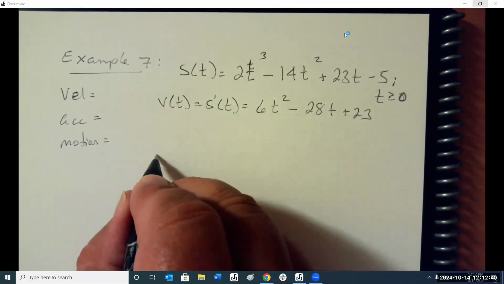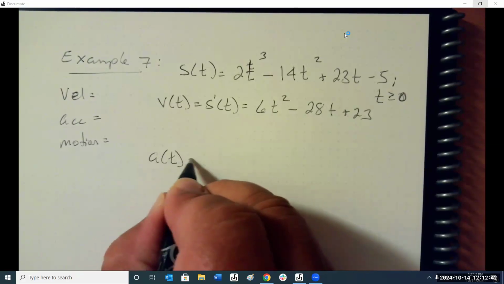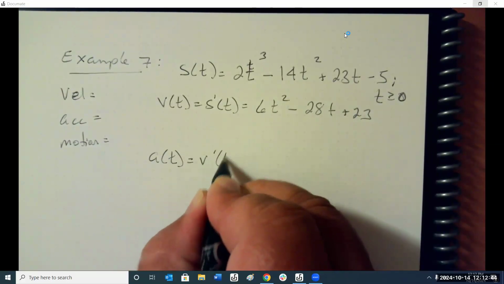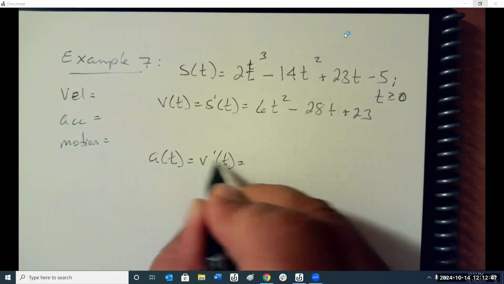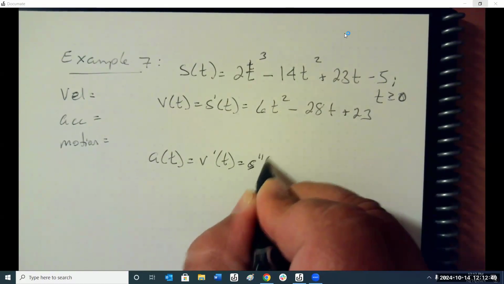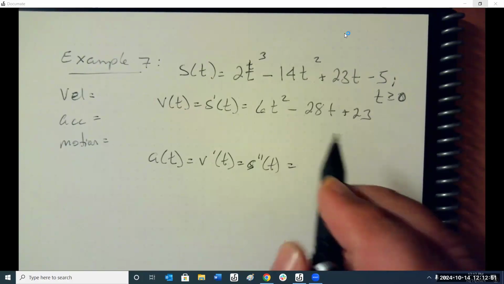And the acceleration, which is the first derivative of velocity, which is the second derivative of position.